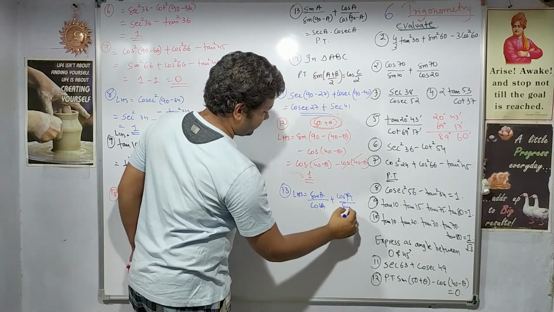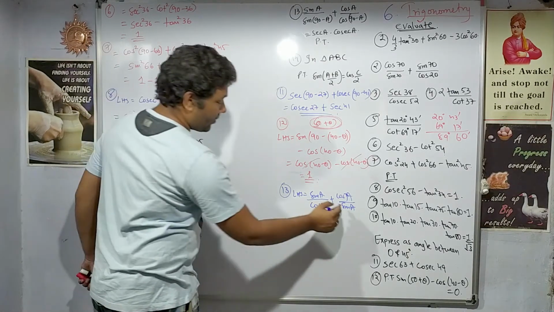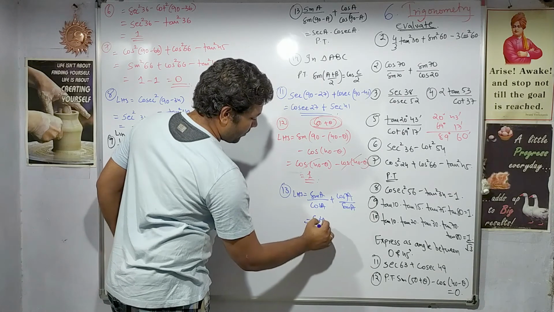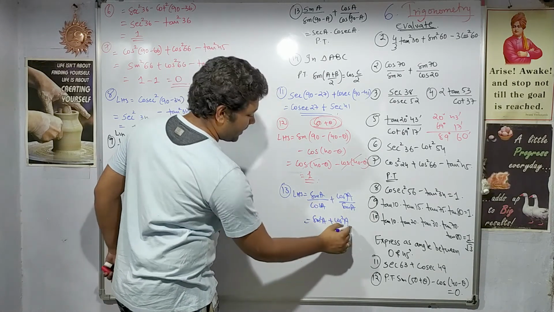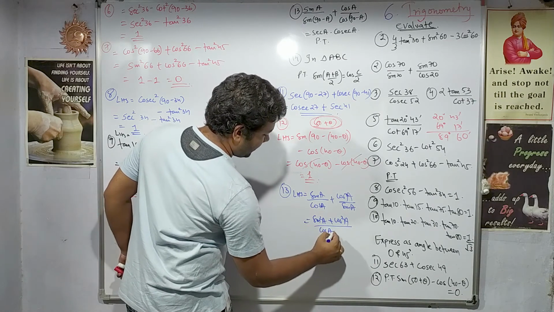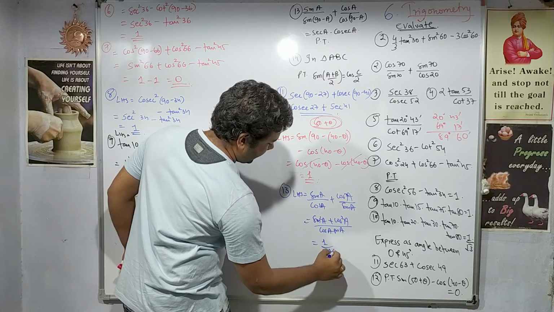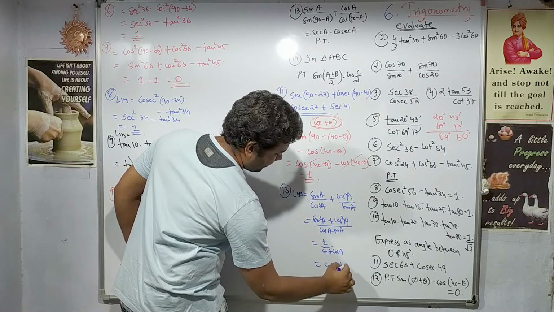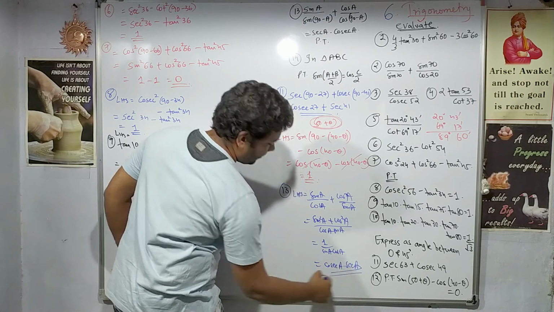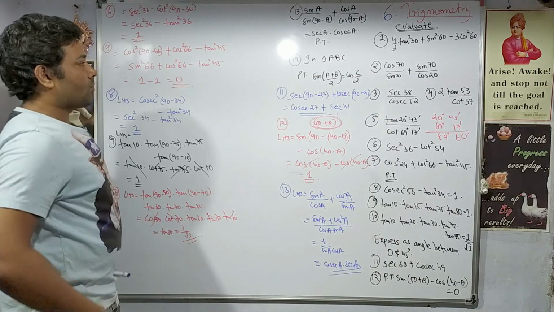Sin A. So taking a cross multiplication, right? Sin square A, cos square A. Sin gets multiplied here, cos gets multiplied here. Cos A, sin A. 1 upon sin A cos A. That is cosec A dot sec A. Right? Simple. Last one for today.